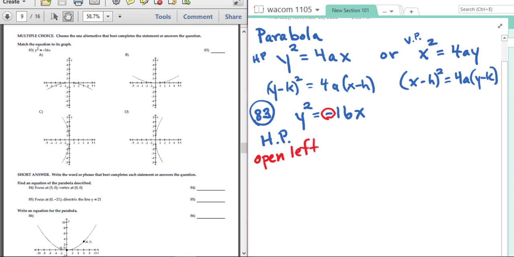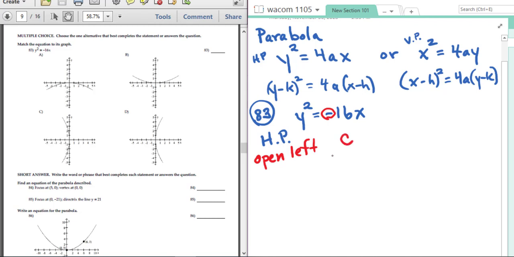So you can actually do this problem just knowing those two things. When you see this equation, you have y squared. It is a horizontal parabola, right? So that makes it either C or D. Then know which way it opens. The sign on the other piece that's not squared, the non-squared piece, will tell you. And so this one is going to open left.